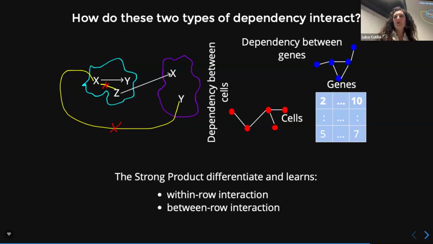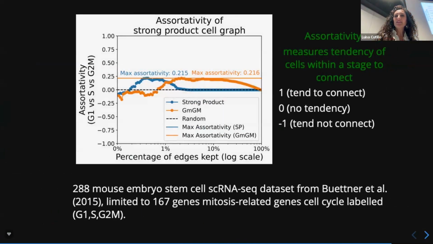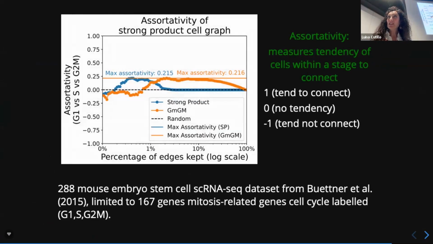Great. And we are, I believe, at the last slide here, where we have an application to a single cell data set. We have a data set from Buettner et al. in 2015, with labeled cell stages.